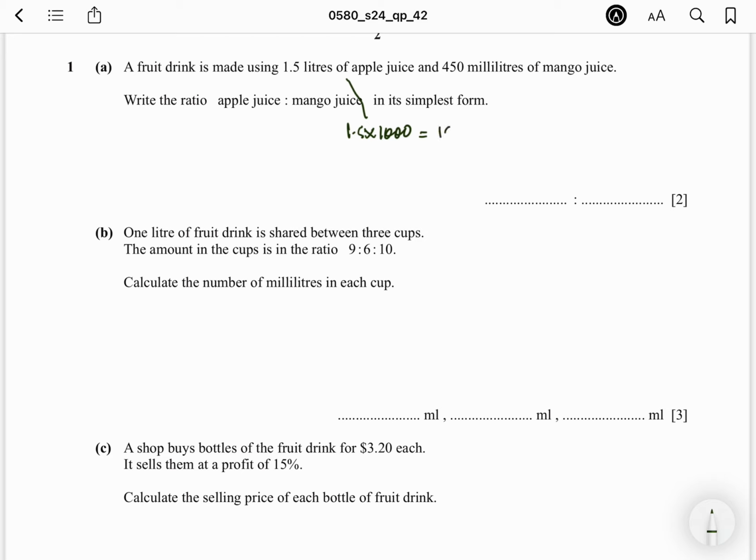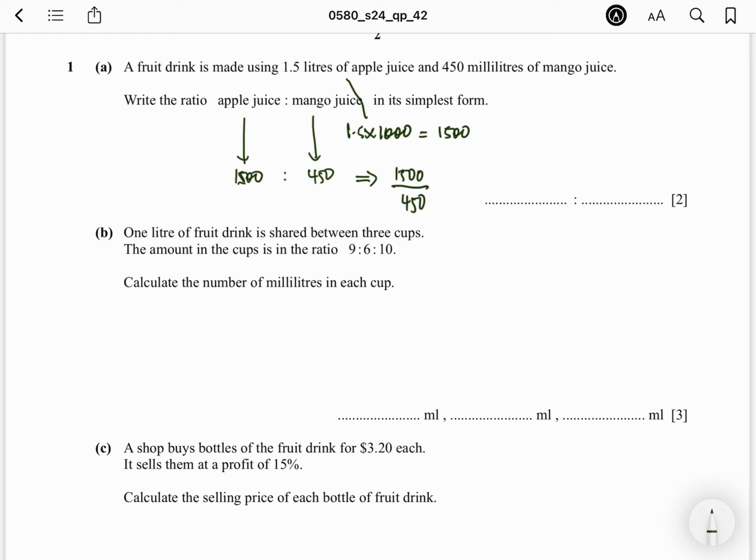Okay, and that will give you, alright, and then you change that one. So that means your apple juice 1500, your mango juice 450. So in linear form like this, sometimes it's difficult for you to simplify, but if it's written in fraction form, which is the equivalent form, you can simplify.